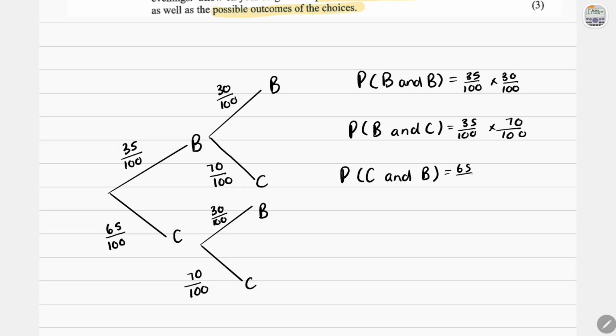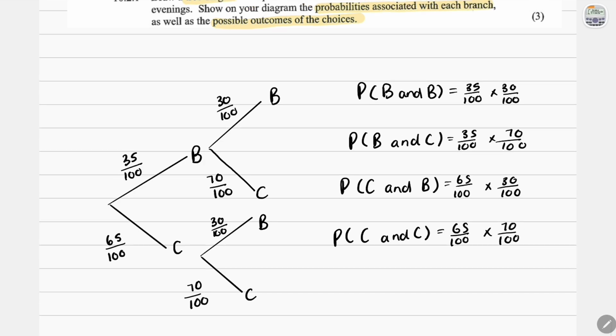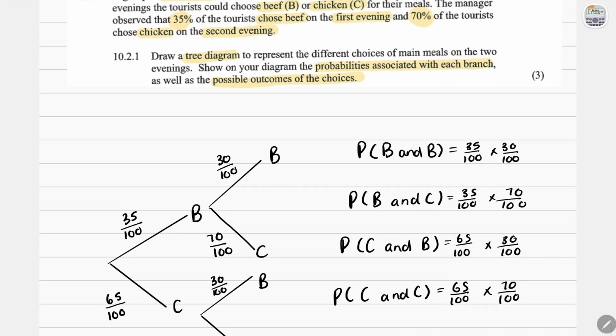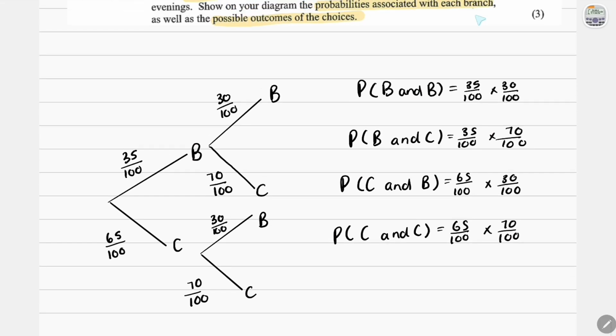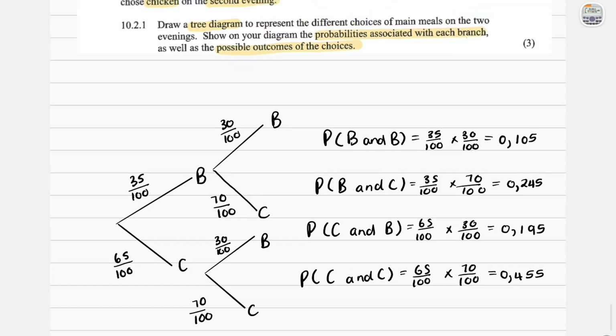That will be 65 over 100 multiplied by 30 over 100. And then the last outcome is that they chose chicken, and then chicken as well. So chicken on the first evening, chicken on the second evening. That is 65 over 100 multiplied by 70 over 100. And these are the outcomes. You can put these values here as well, but they're probably going to ask you questions on this too. So that is our answer.